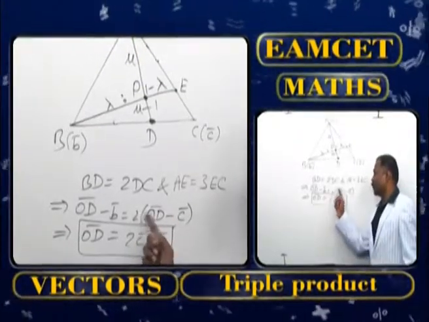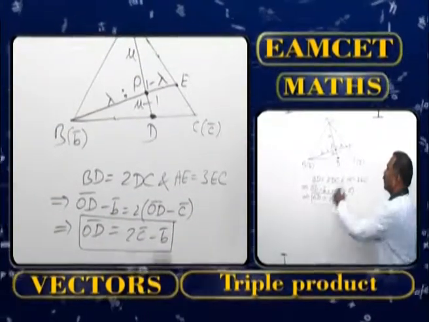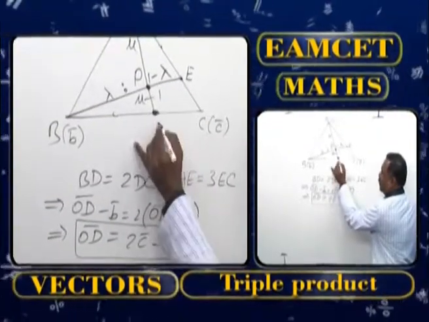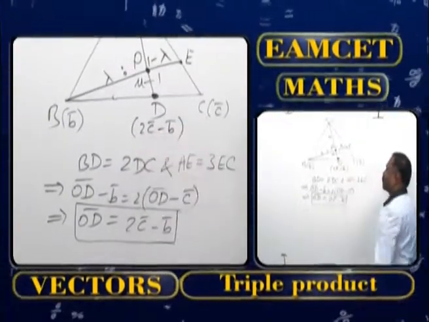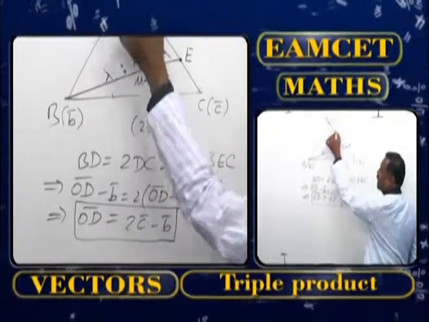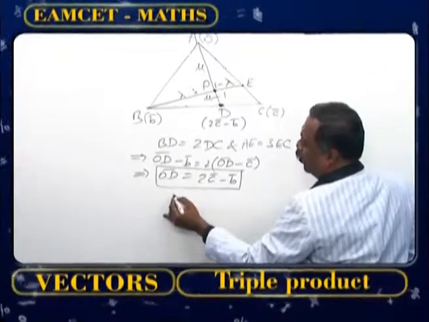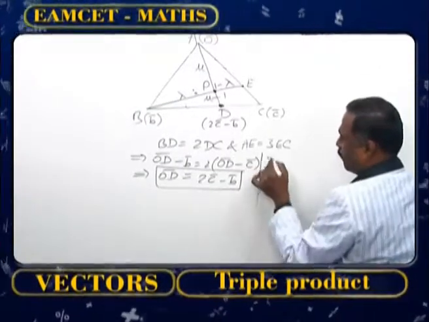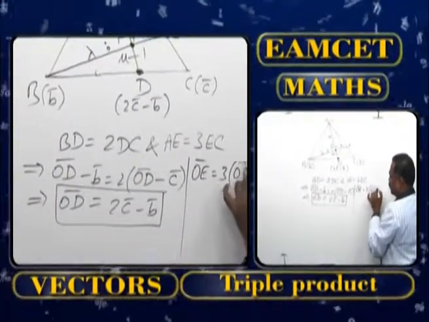This is 2C bar brought to the side, this is minus B bar. So you have got OD bar now. Similarly, let us write E now. AE is nothing but OE here. So OE bar is nothing but 3 into OC minus OE.